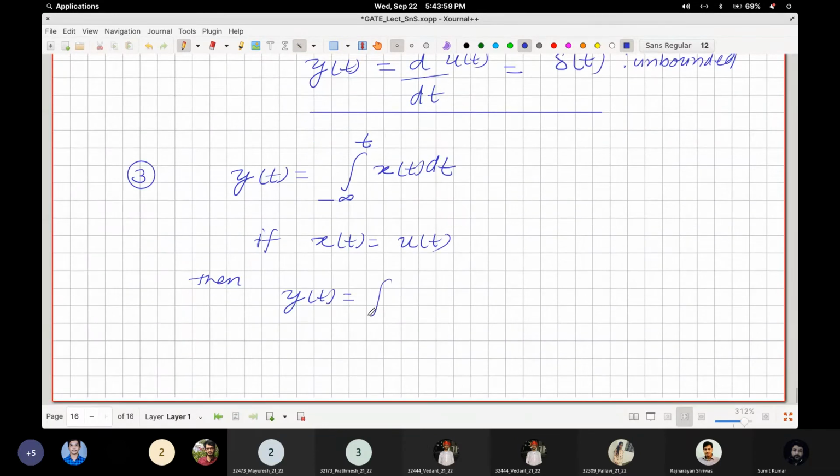Yt will be the integral from minus infinity to t of ut dt, actually. So what this is going to be, this will be equal to RT. And RT is an unbounded signal, isn't it? RT कैसा होता है आपका, ऐसे increase करते जाता है, all the way it's going to become infinity, isn't it?